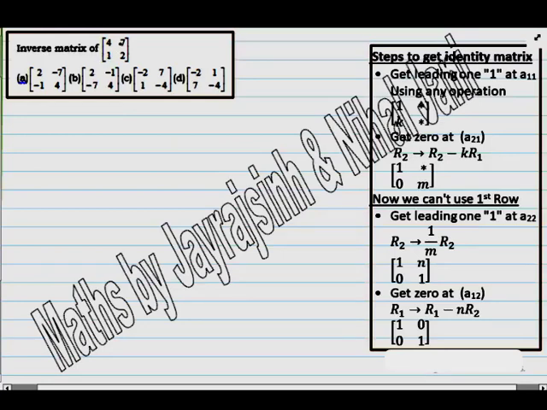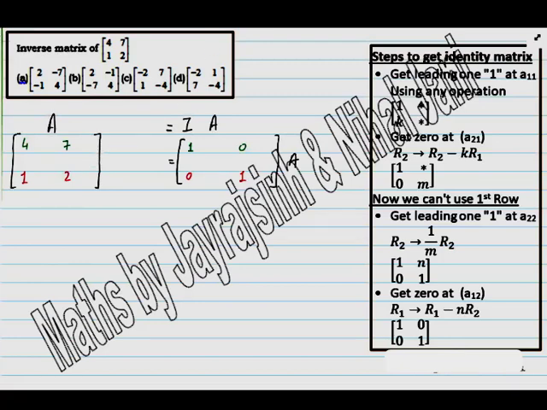In this question, we have to find the inverse matrix of 4, 7, 1, 2. And we know that our first step is to get it in the form of A is equal to IA. So here it is. Now our first step is to get leading one at A11 point, but we have 1 in the second row.